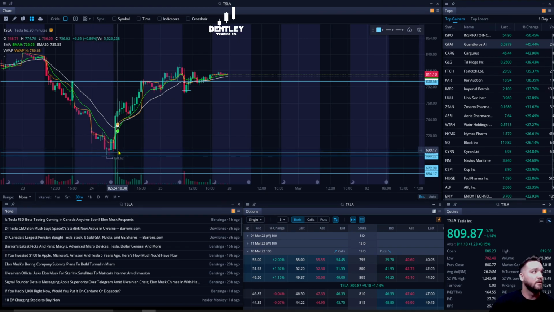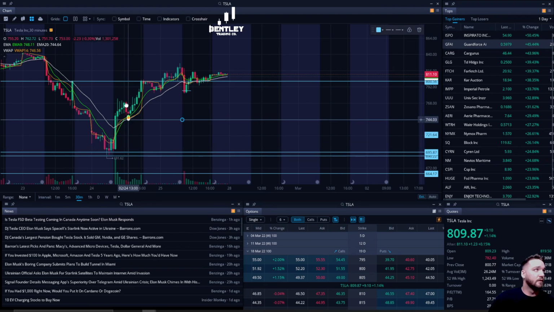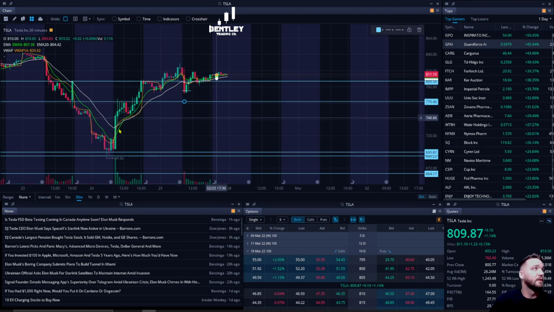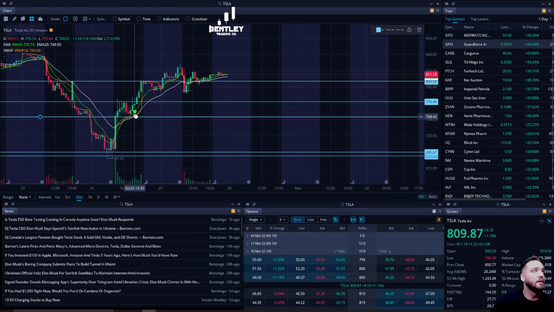You have 1, 2 rejections there, and then you have 2 places where the wicks intersected that. Then another key level is going to be right here. If you look across the chart, you can see this was support over here, and then this was resistance on this side. The wicks crossed it, but a candle never opened up on top of that, and it rejected there. And then another key level is going to be right here.